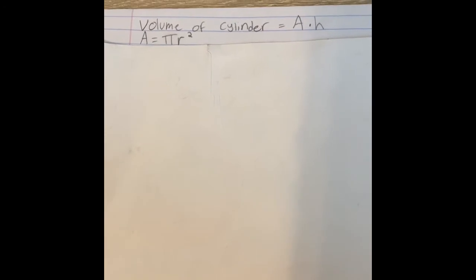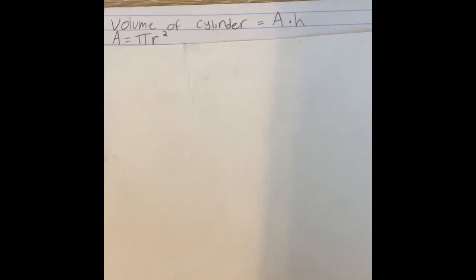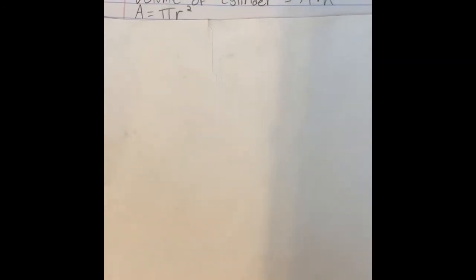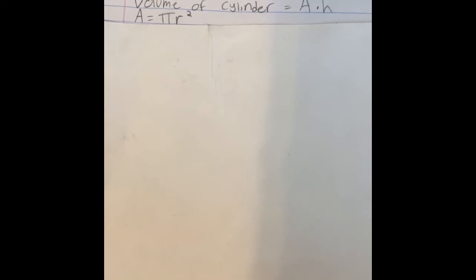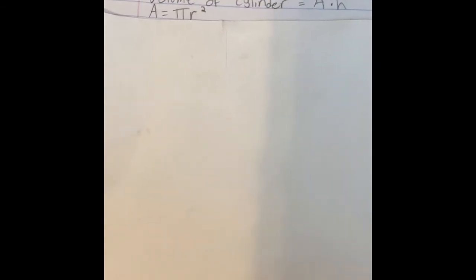We mentioned that the formula for the area of a circle is pi r squared. For this equation, we are going to use pi as 3.14. Obviously, that is not the exact number for pi, but for this problem, that is what we are going to use, which means that our answer is actually going to be an approximation. So it's not going to be exact.